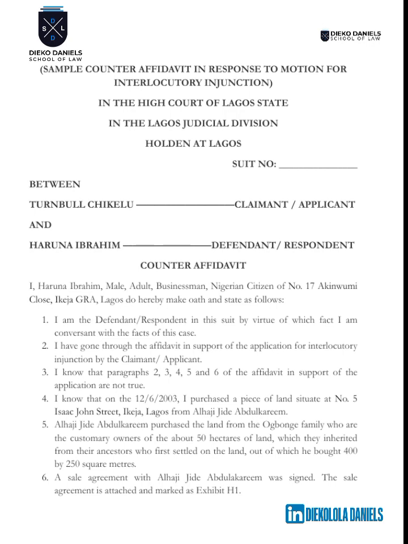There is no counter affidavit going against the motion on notice. But when you are drafting your affidavit in support of your motion, you must write it affidavit in support of the motion on notice for interlocutory application or interlocutory injunction. Do you understand that? So we've talked about the heading of the court, we've talked about the suit number, we've talked about the parties and their designation, we've talked about how you write your counter affidavit. It is just counter affidavit.